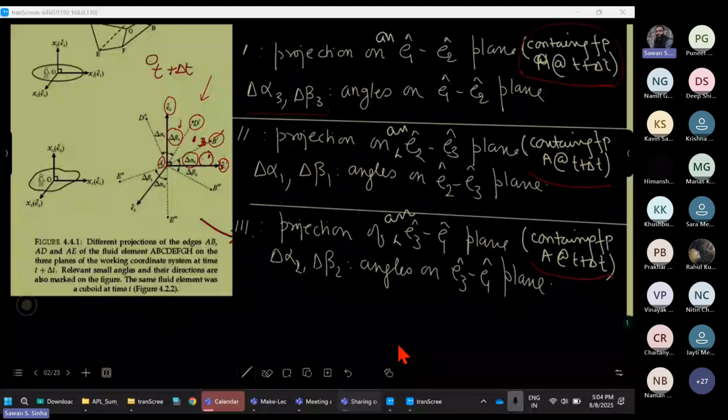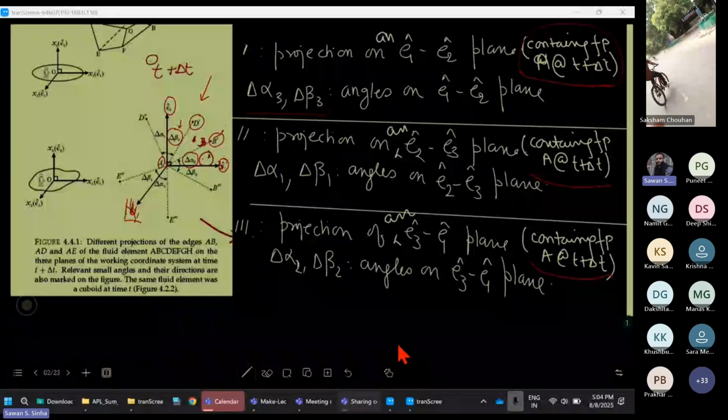Delta alpha 3 is being taken counterclockwise. If somebody is viewing this plane from this side along E3, delta alpha 3 is counterclockwise, delta beta 3 is clockwise.